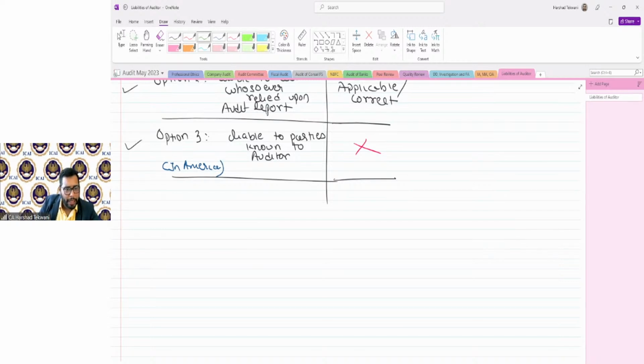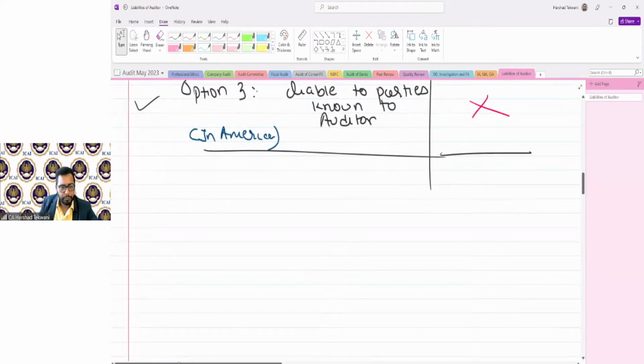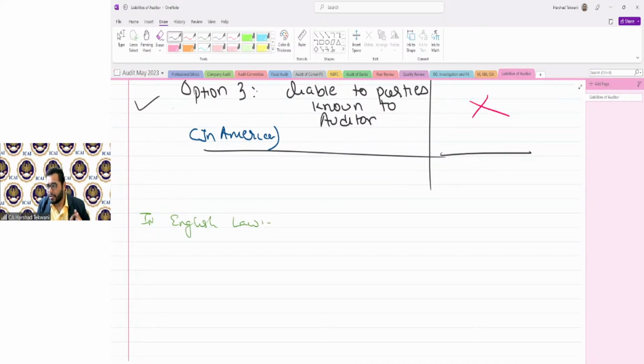So in English law, there were three conditions that were discussed and finalized by the judges, that for a duty to exist, if these three conditions are satisfied, it means there is a duty that exists.